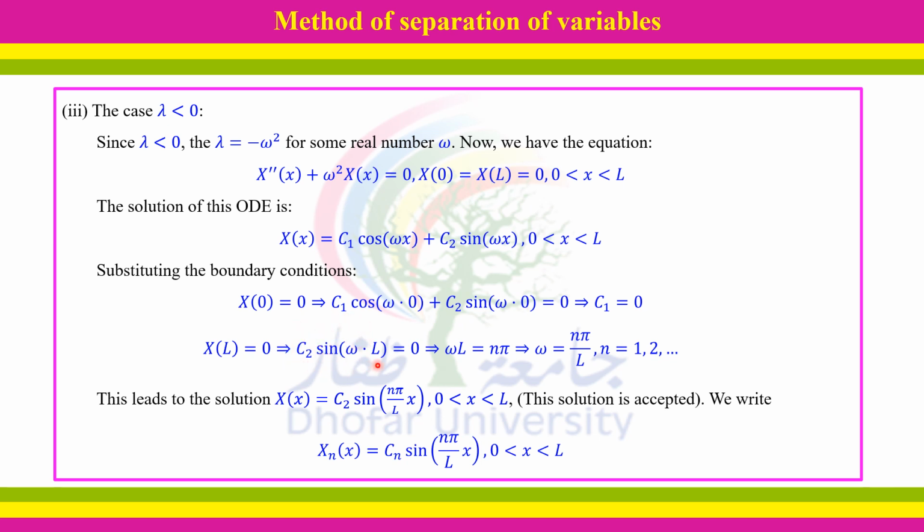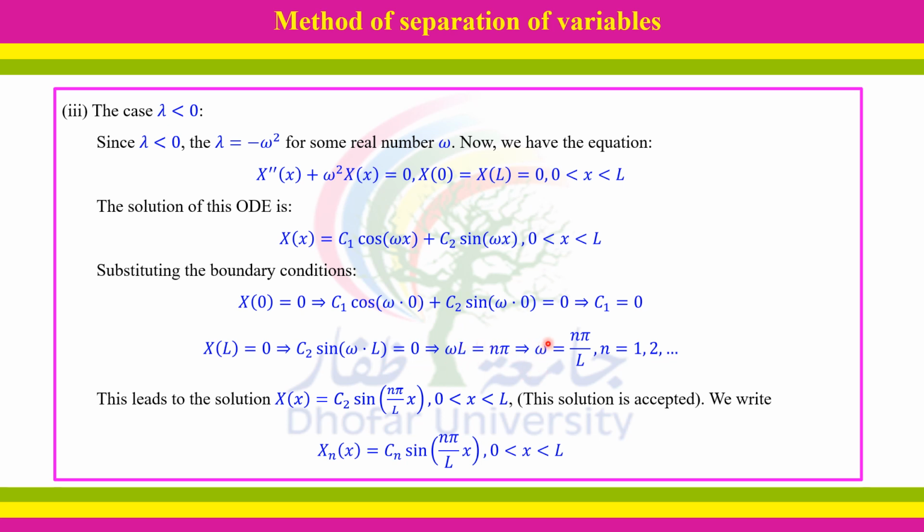So sine omega L can be 0 when omega L is an integer multiple of pi. So if omega L equals n pi, then sine omega L is 0.